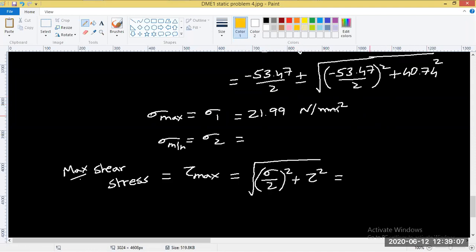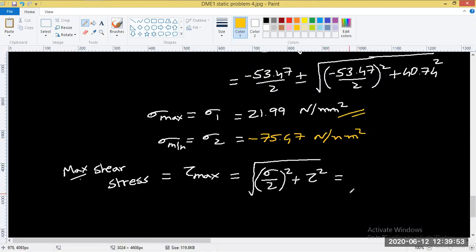Okay, so that's my first answer, and sigma 2. So minus of this, the minimum stress, I've got minus 75.47 Newton per mm square.